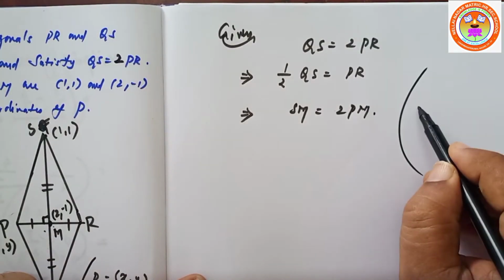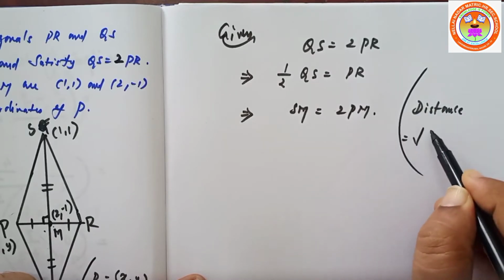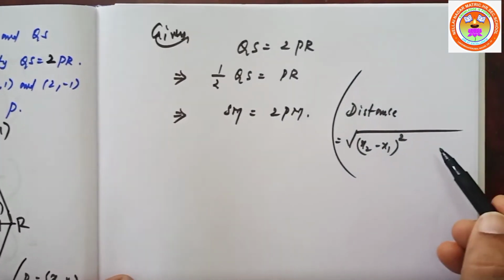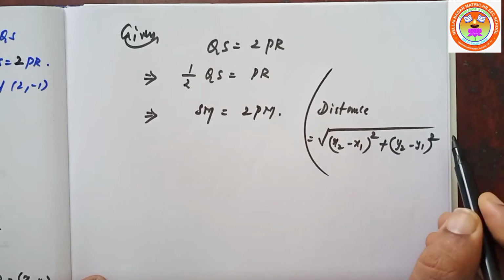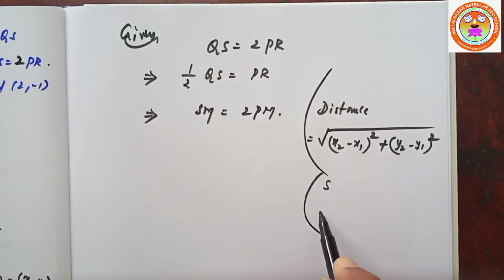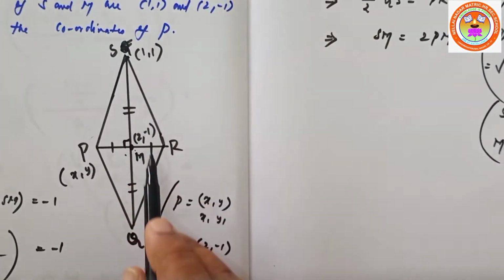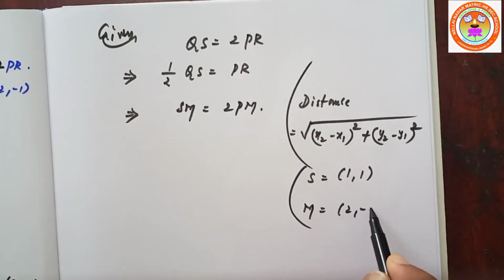I write the distance formula here. Distance equals the square root of (x2 minus x1) the whole square plus (y2 minus y1) the whole square. For S and M: S is the point (1, 1), M is (2, minus 1), that is x1, y1, x2, y2.